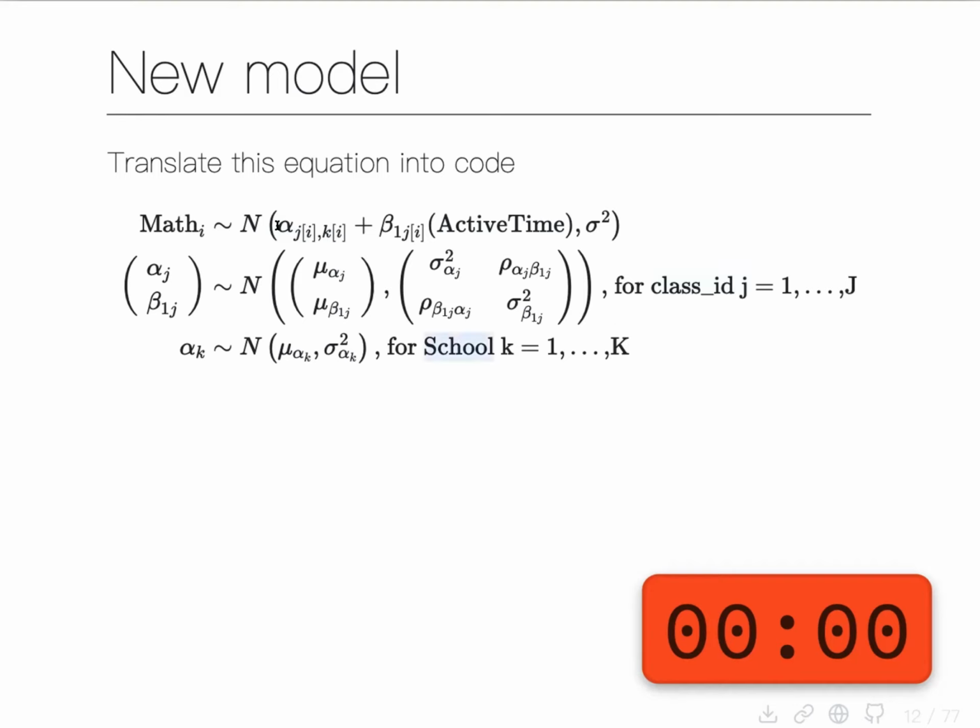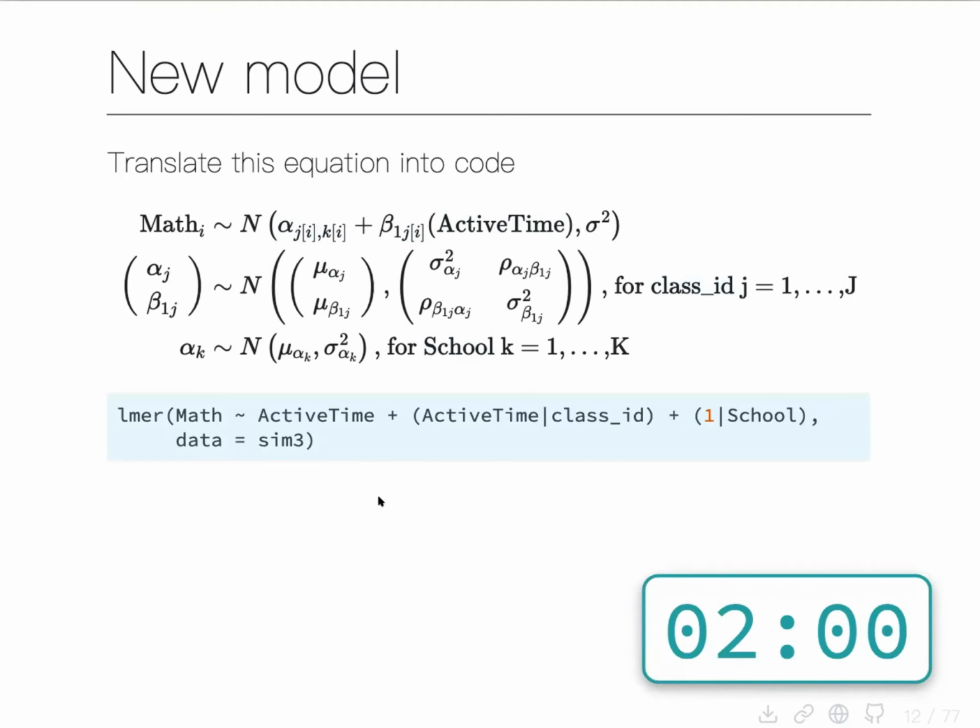So our intercept is going to be randomly varying across class ID and school. For active time, we have beta 1J. J is indexing class IDs, so active time is randomly varying across class IDs, but not across schools.